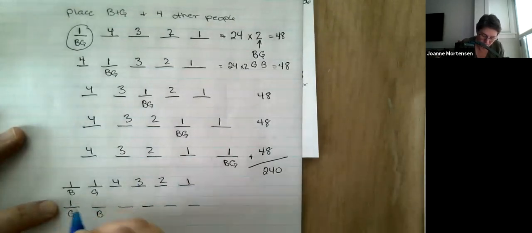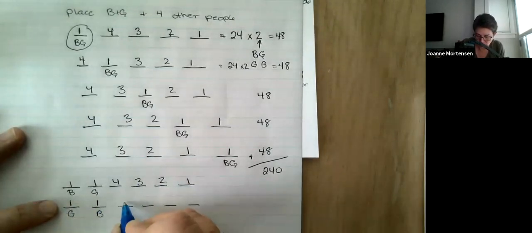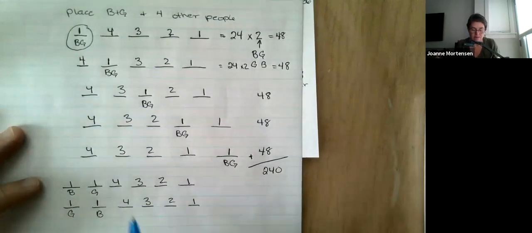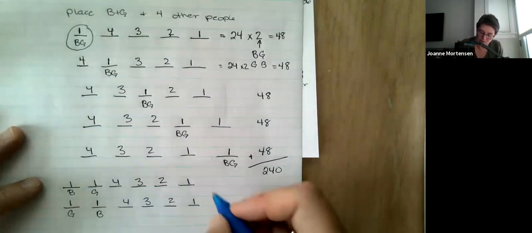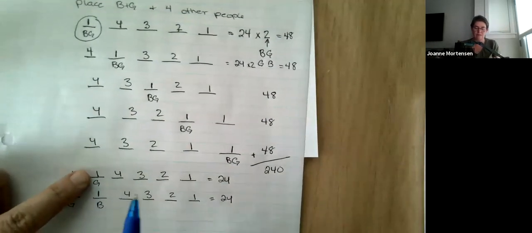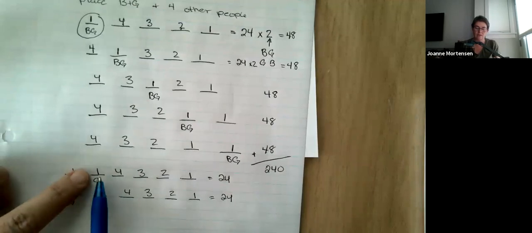And then there's 1 Gloria, 1 Beth, and then there's 4 more people to arrange. 4, 3, 2, 1. So 4 times 3 is 12 times 2 is 24. And you should be able to continue on and then put them in these 2 spots. It's just going to take an awful long time, but I like the 2/4. So there is our choice.